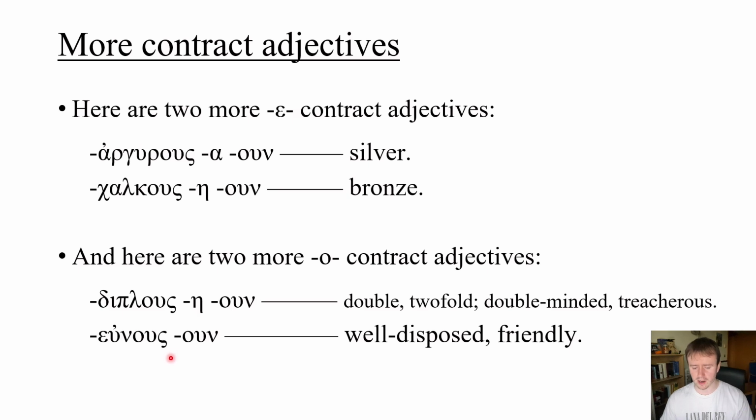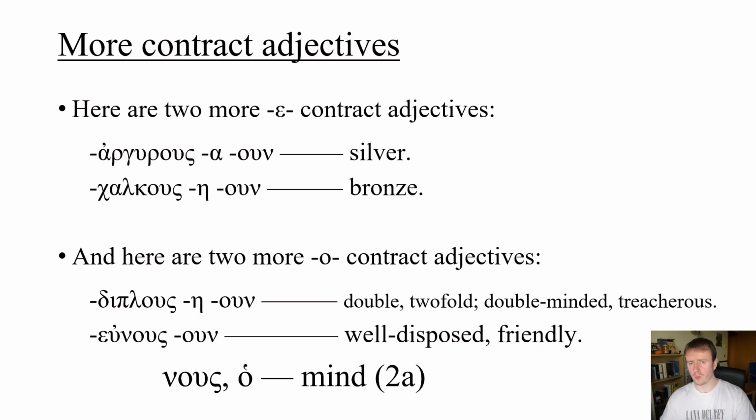There isn't a distinct set of feminine forms. We learned about two-termination adjectives last time. And this is a compound of eu, meaning well, and nous, meaning mind. So, if you are eunous, you are of a good mind towards somebody. You're well disposed or friendly or kind.